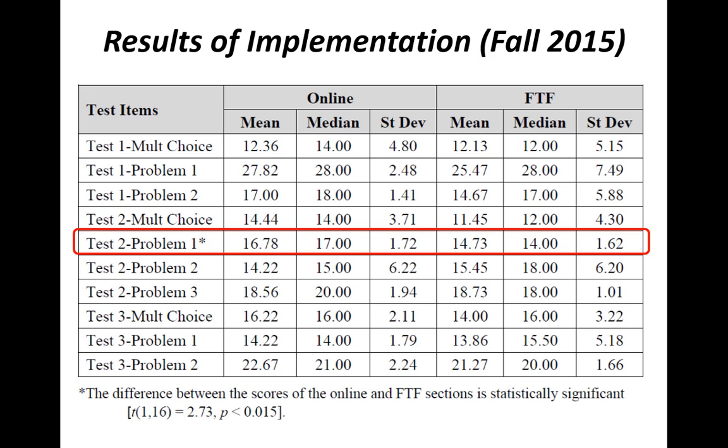And all across the board, there's no statistically significant difference in the results, although on the average, the online scores were actually higher. The sample sizes are too small to get statistical significance. However, there's one particular topic, test 2 problem number 1, where the online students actually outperformed face-to-face, and the difference was statistically significant, and that topic was sectioning, which, by the way, is one of the more difficult topics in the class.